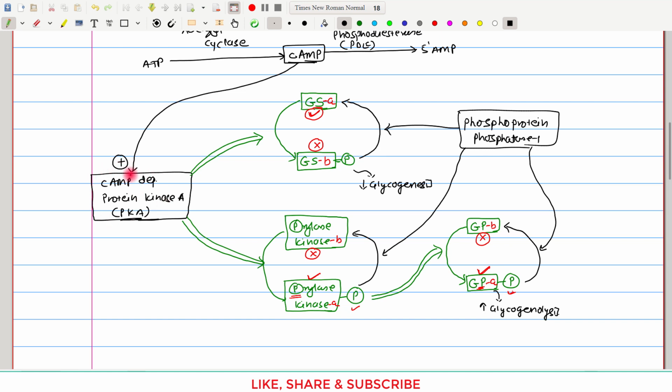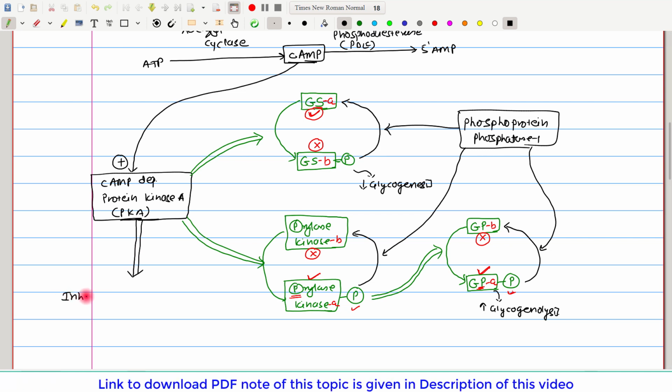Now, this cyclic AMP dependent protein kinase also has an effect on this phosphoprotein phosphatase. What is the effect? This cyclic AMP dependent protein kinase phosphorylates one more protein, that is inhibitor 1. This inhibitor 1 protein gets phosphorylated by the action of this enzyme, so inhibitor 1 is in its phosphorylated form.